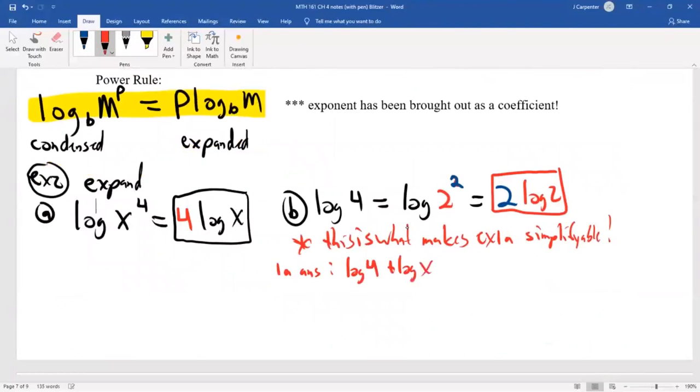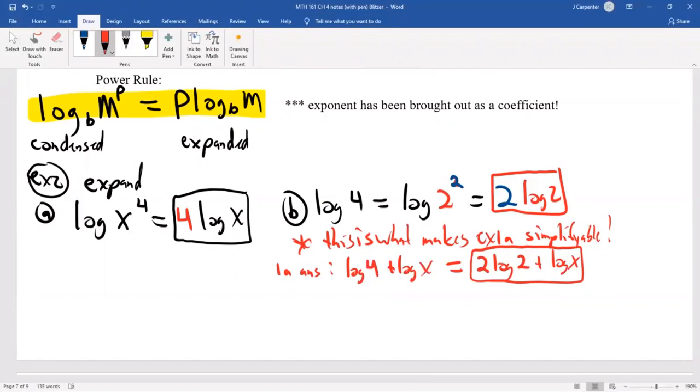Well, now we know the log of 4 is 2 log of 2, so we can rewrite this as 2 log of 2 plus the log of x. It doesn't look simpler, but in terms of mathematical operations, there would be things you can do with that one that you can't do with log of 4 necessarily. Often. Not every time, often.